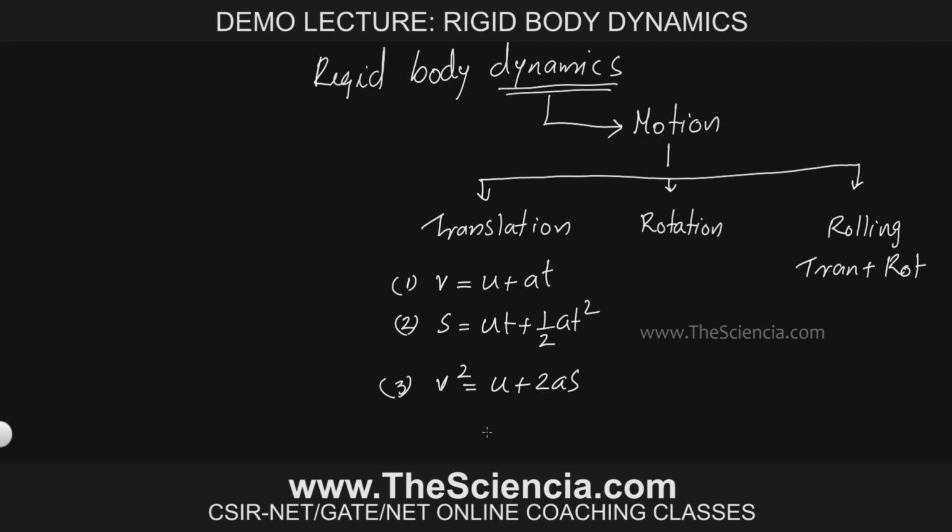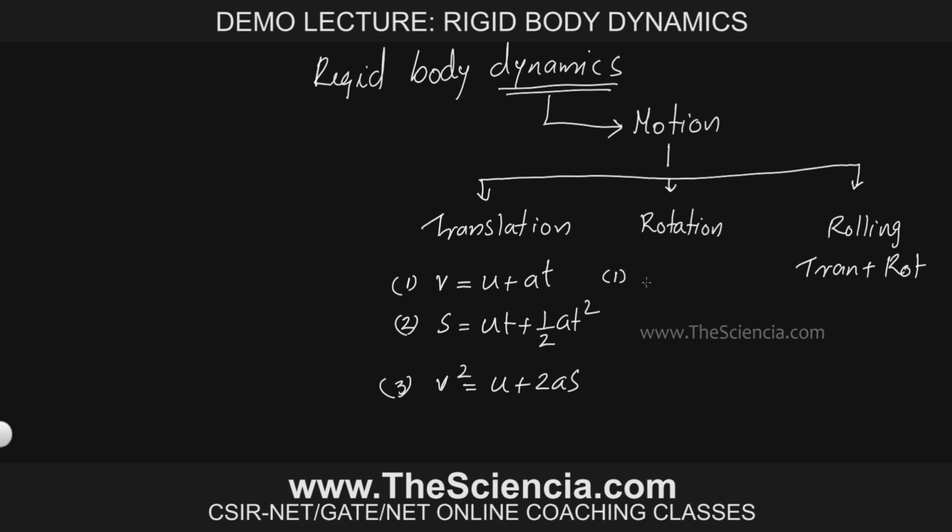So what are the equivalent equations in rotation? In rotation, the velocity will be angular velocity and the acceleration will be angular acceleration. So we can write similar equations of motion for rotation.